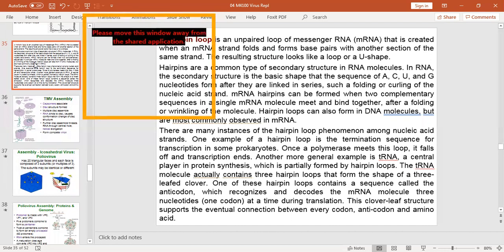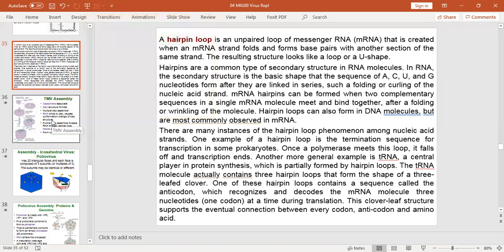A hairpin loop is an unpaired loop of mRNA that will be created when the mRNA strand folds over itself and forms base pairs with another section of itself.